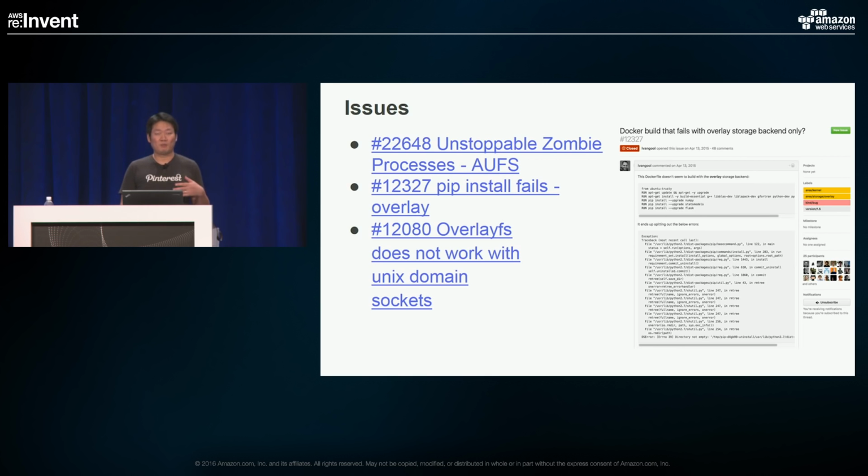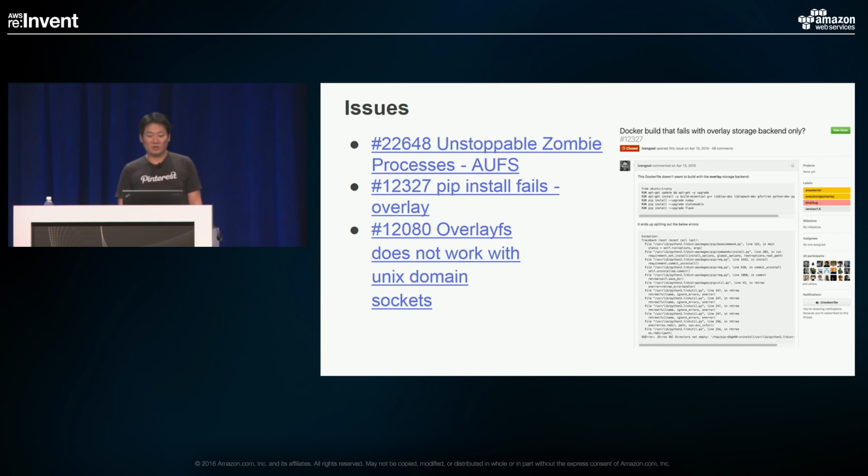In the early days, we tried Docker using kernel 3.18 at that time. By default, it uses the AUFS storage driver. And it caused an issue where a container cannot be stopped because it becomes a zombie process on the host. And it's hard to fix, even by restarting the Docker engine.